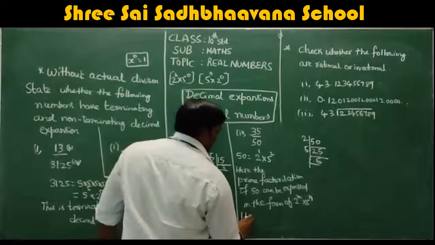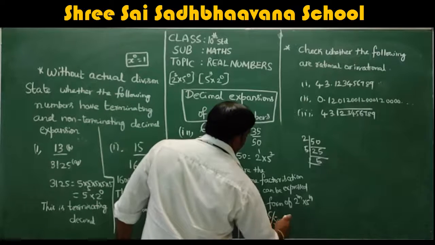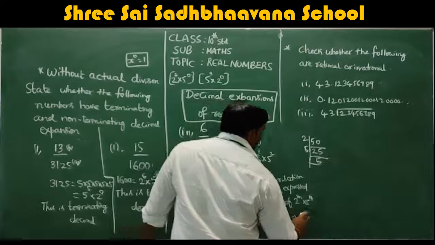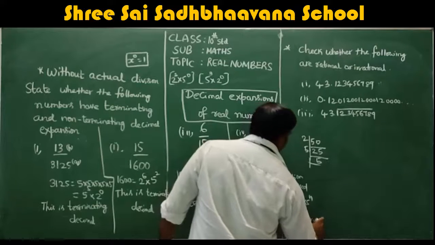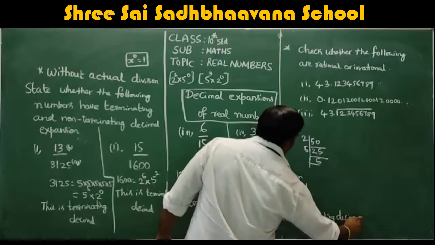Hence, 35 by 50 is a terminating decimal. You have to write this much. Okay. Is a terminating decimal.